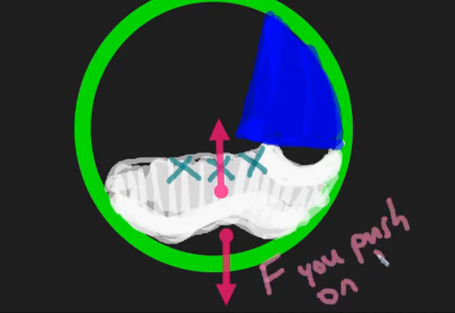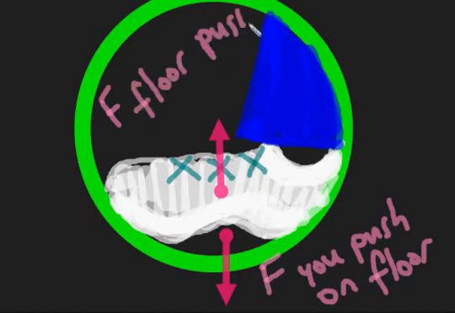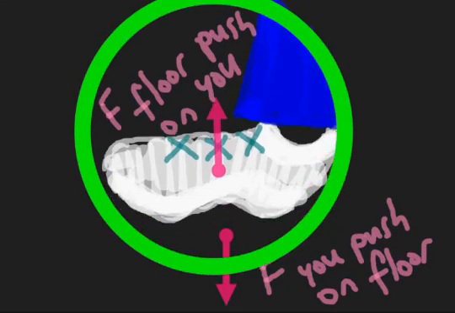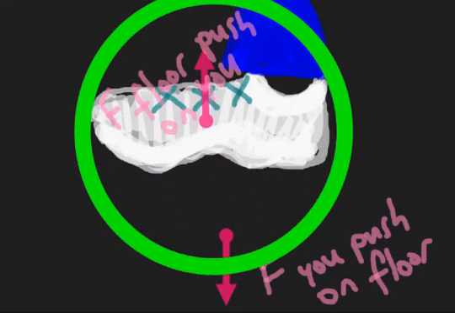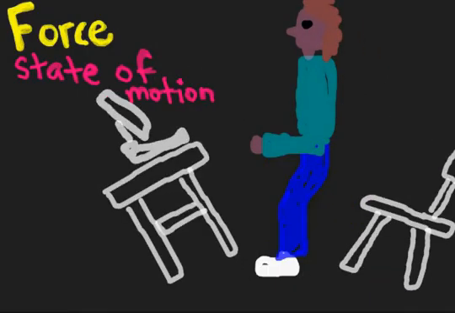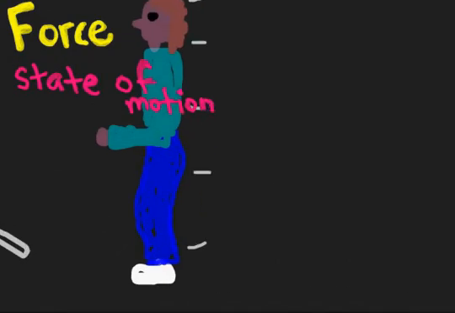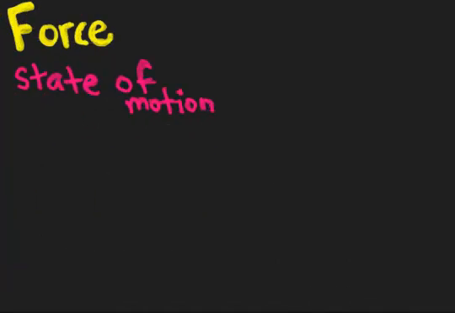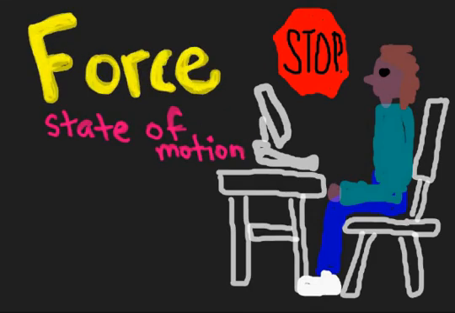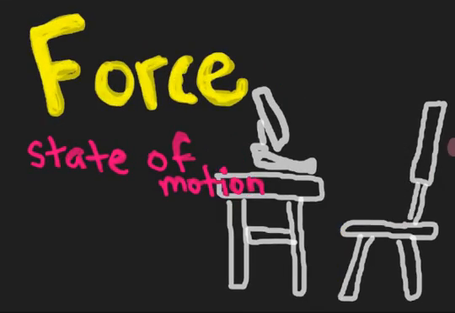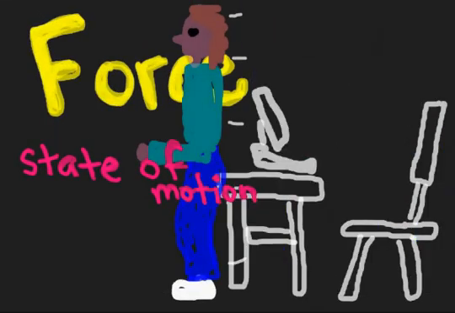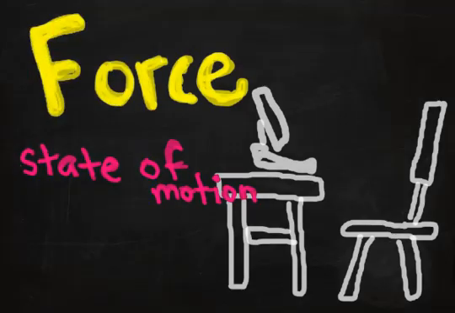Eventually, you will use your feet to push against the floor, and the floor will push back against your feet, causing you to move upwards. Then your state of motion will no longer be at rest. You'll be moving. Force is that thing that can change your state of motion from being at rest to being in motion.